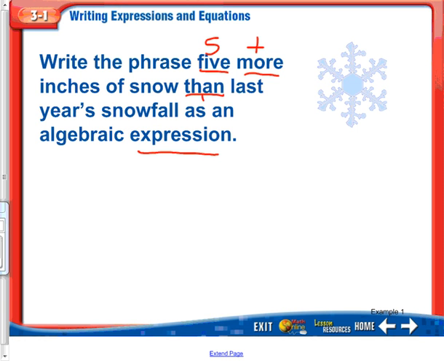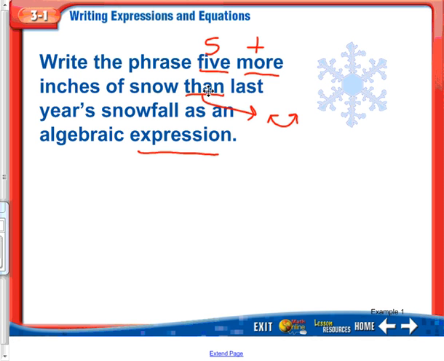I'm going to write a little side note out here. The word then actually tells us to flip the order of our numerical and variable values. We'll see that in a second here. But whenever I see the word then, I'm going to make this little switch it symbol so that we know we have to change the order.